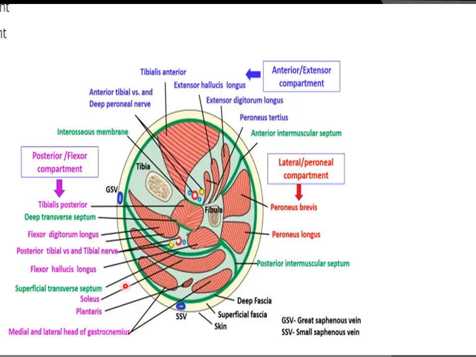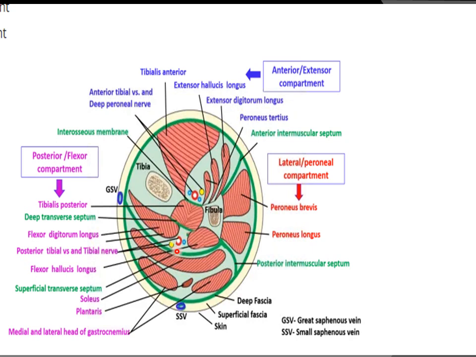The superficial transverse septum is attached medially to the medial border of the tibia and laterally to the posterior border of the fibula. This is the attachment of the superficial transverse septum.